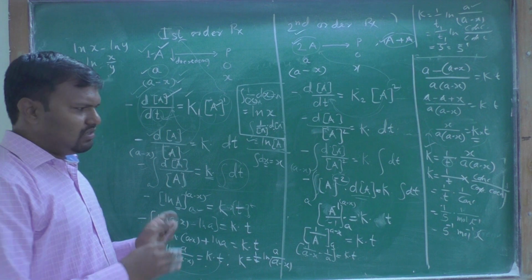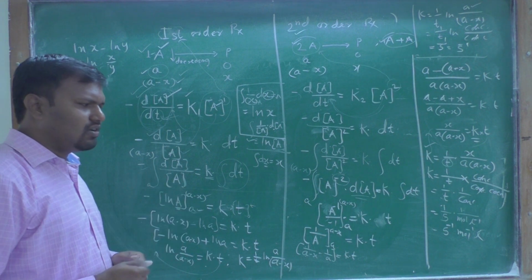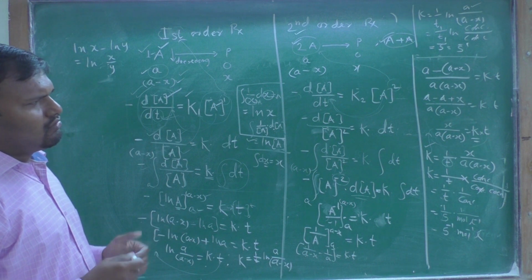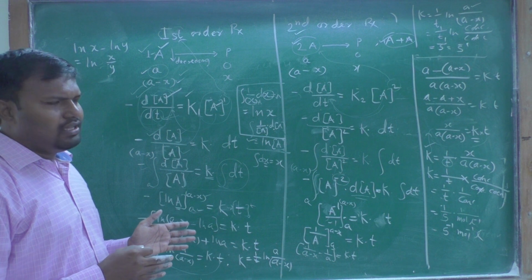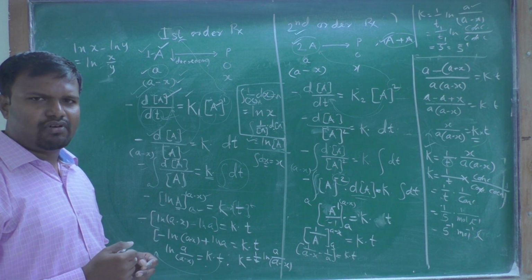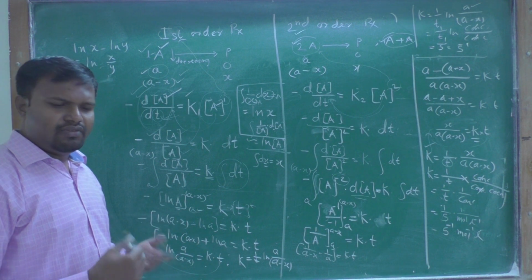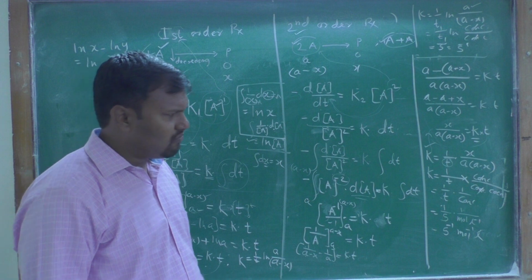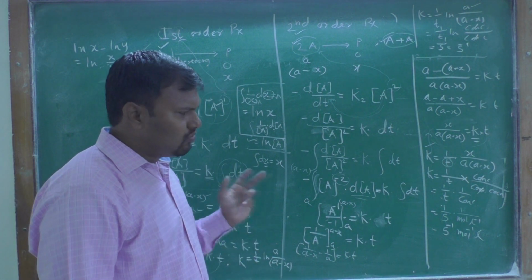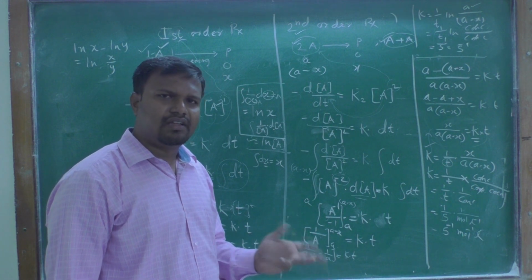This is for first order reaction and the second order reaction. The half life for first order and half life for second order, we will discuss in next lecture, or you do homework for this first order t1 half and second order t1 half.